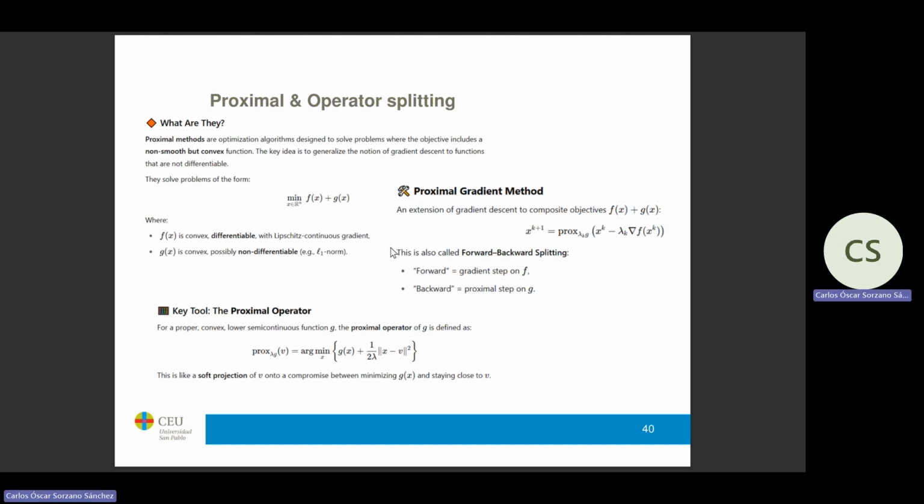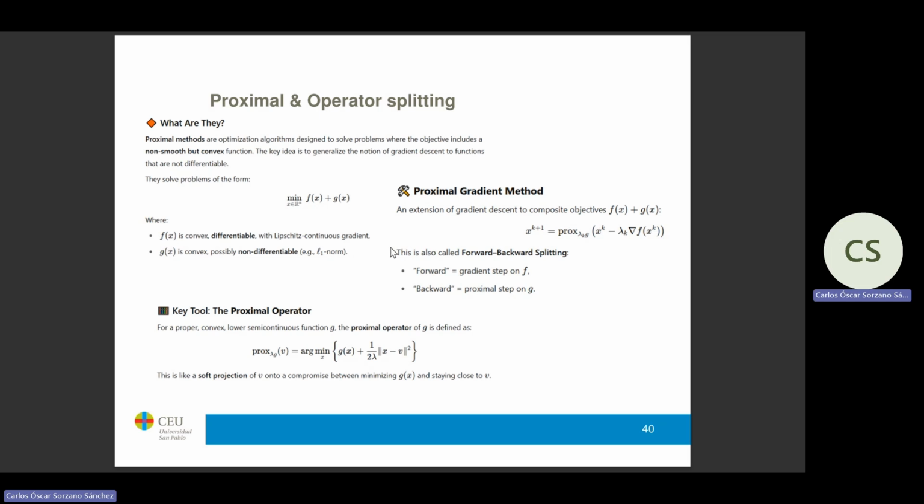So yeah, this was the setup that I did in the whiteboard. So these proximal operator splitting algorithms apply to this kind of problems where f is differentiable and convex, and g is convex and non-differentiable.